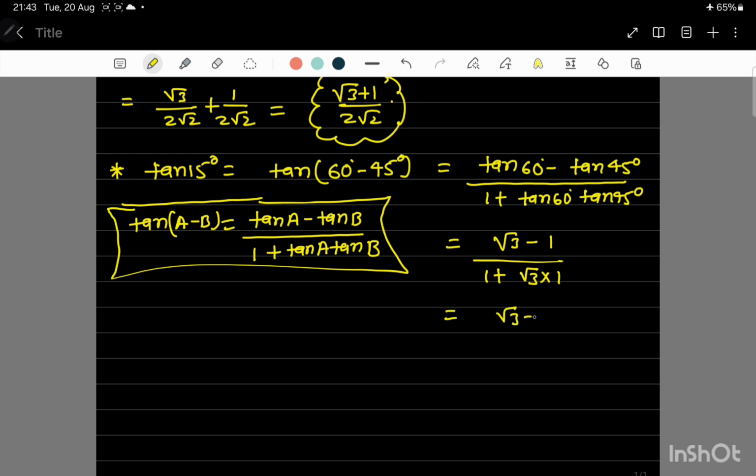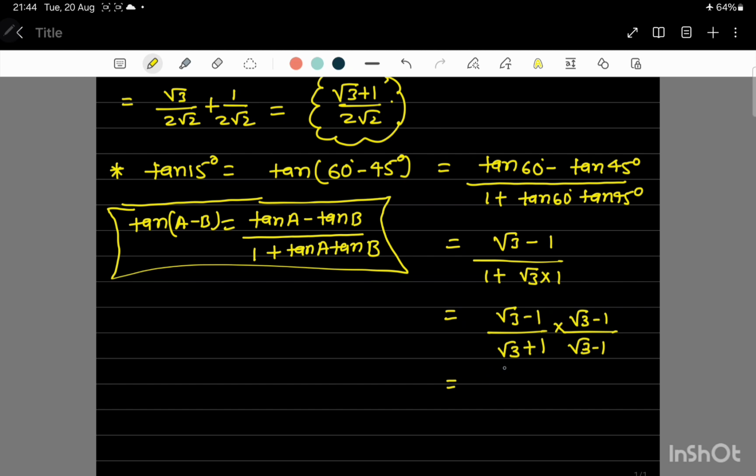So root 3 minus 1 by 1 plus root 3. The 1 plus root 3 and root 3 plus 1 are the same. After this we can rationalize this value, so multiply by root 3 minus 1 divided by root 3 minus 1.